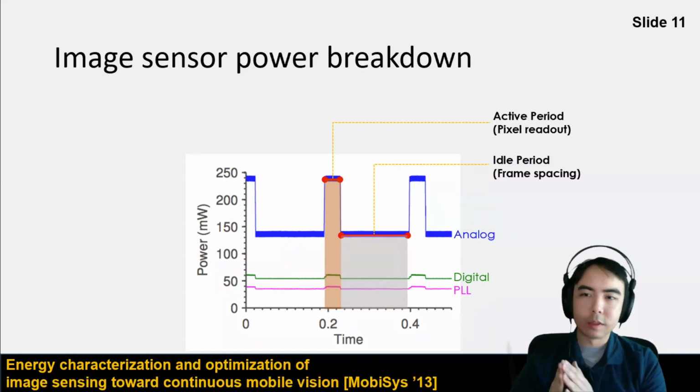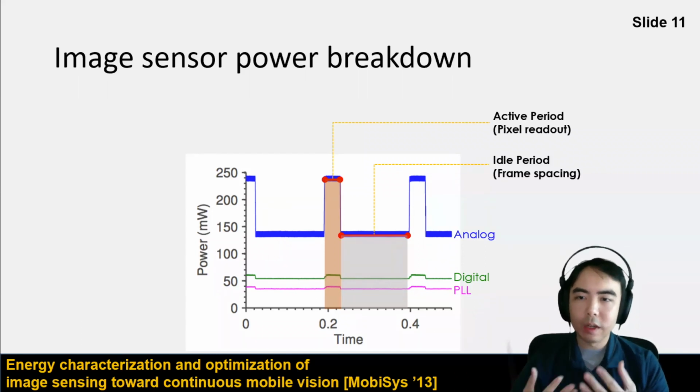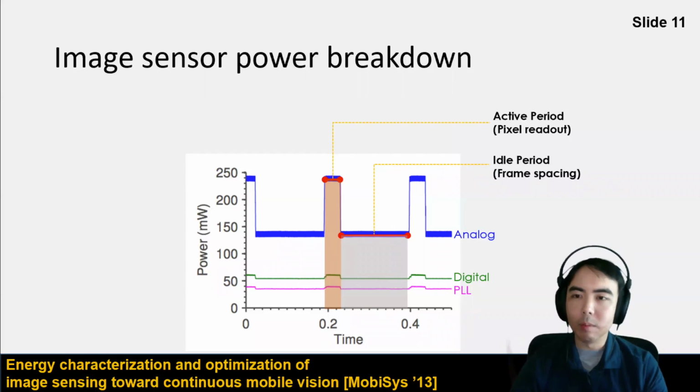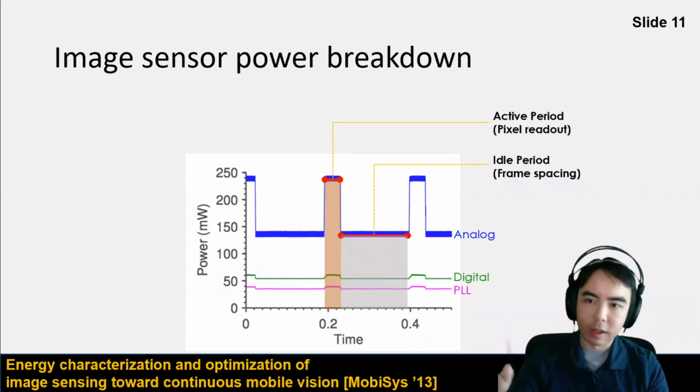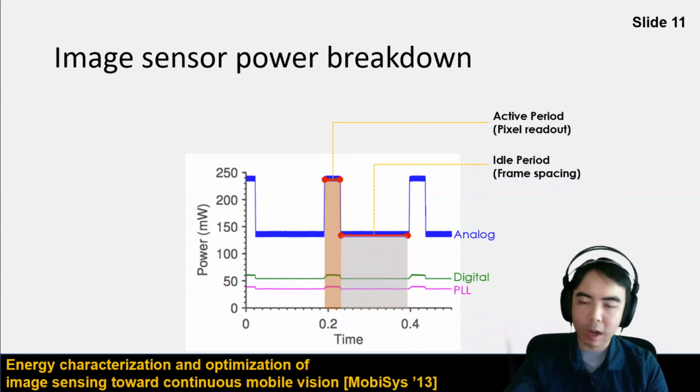It's this duty cycle between active and idle periods that constitutes the energy per frame. Power is on the y-axis and time is on the x-axis, so power times time is your energy. The area under that duty cycle is your energy per frame.